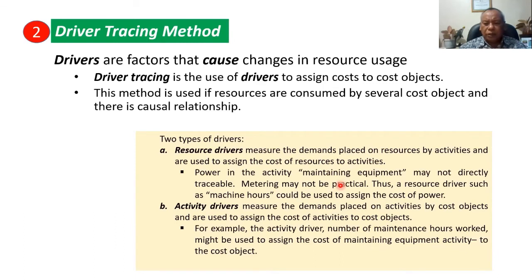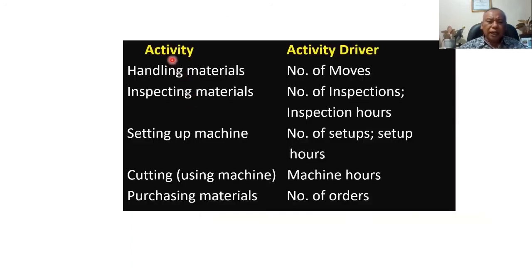So we can use the number of maintenance hours worked as the activity driver to assign the cost of the maintaining equipment activity to the product. This is an example of an activity and its activity driver. Actually, activity drivers are similar to activity output.